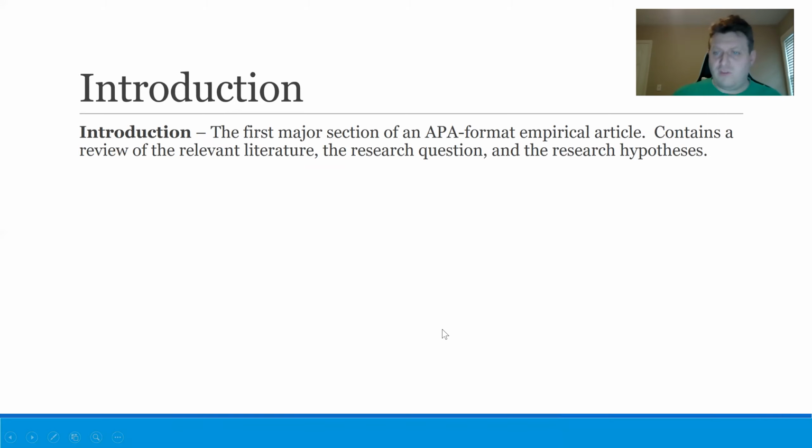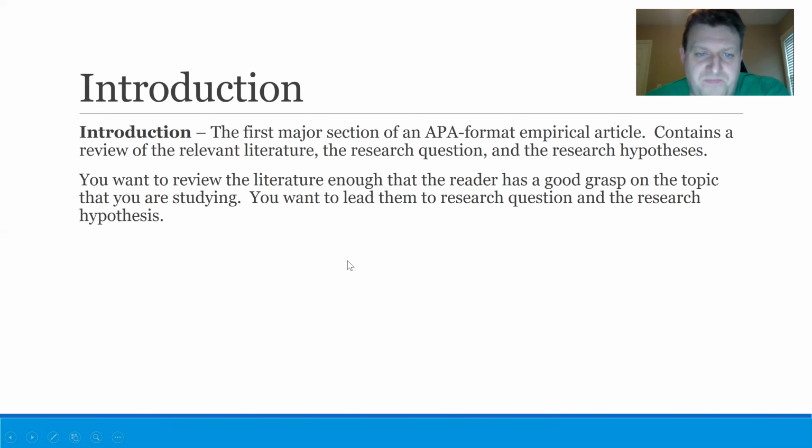So the introduction is the first major section of an APA format empirical article. This is going to contain the research question, your research hypotheses, and all of the relevant literature. You're going to do a literature review and include that information in the introduction.